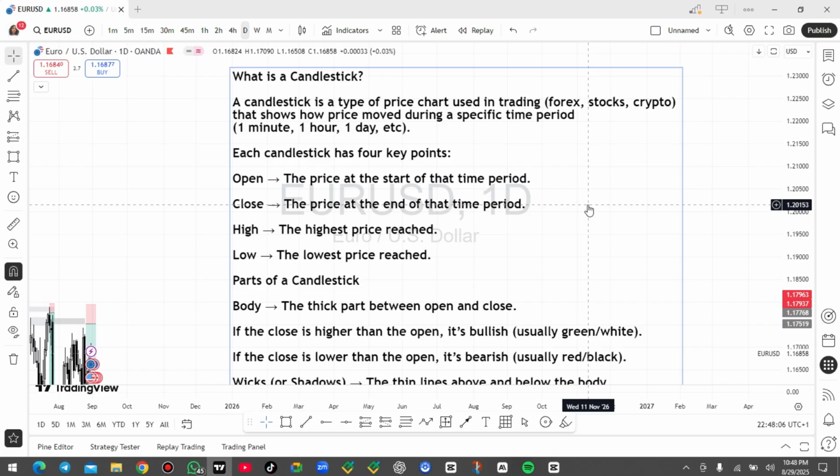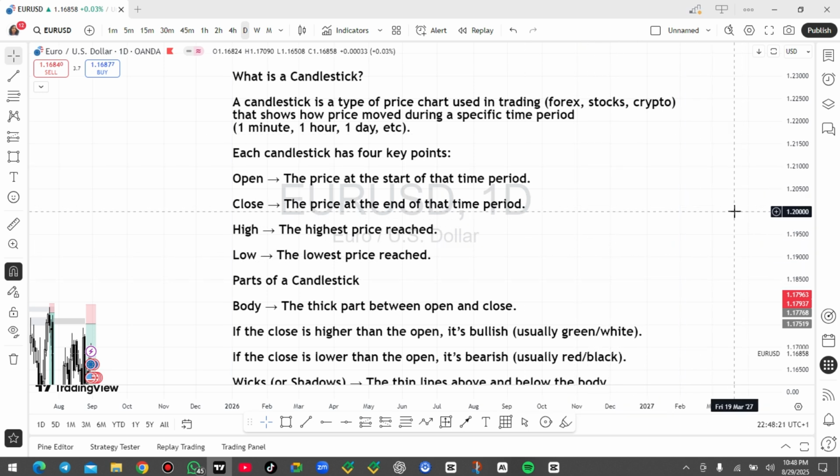What happens in a candlestick? How does this candle operate in the market? Each candle operates in a different way. That shows you that something is happening in your chart. Now, we have 4 key points that a candlestick operates on.